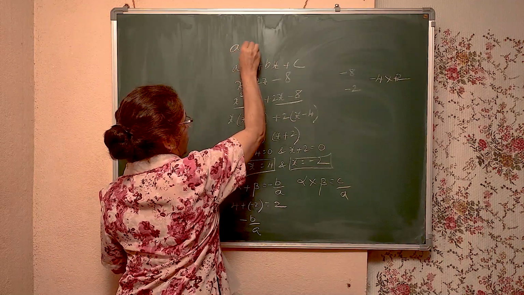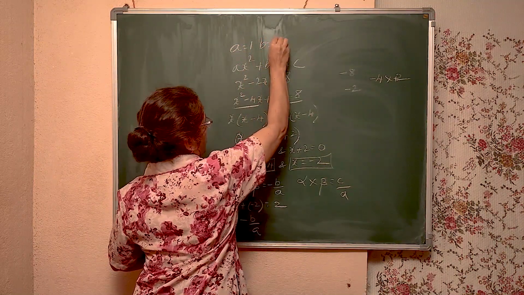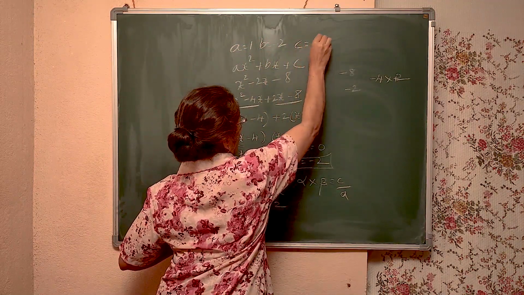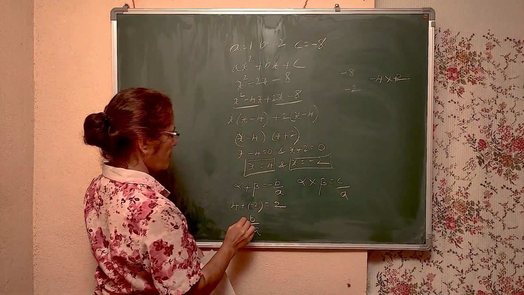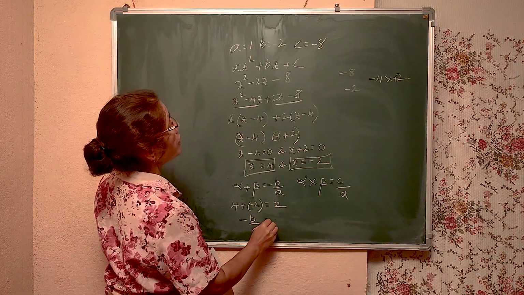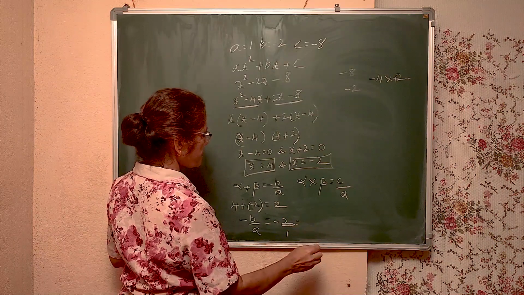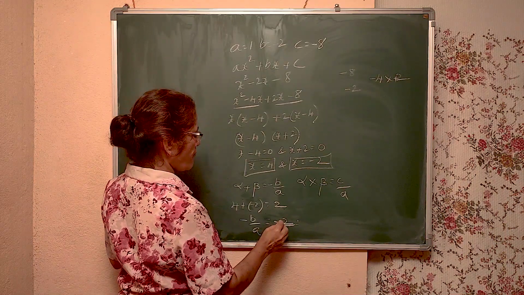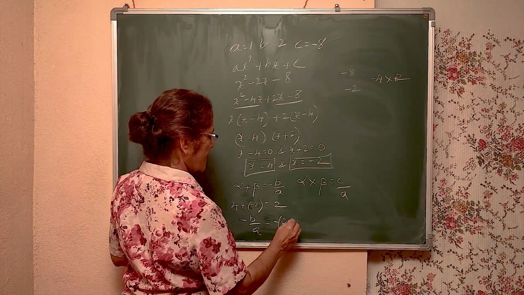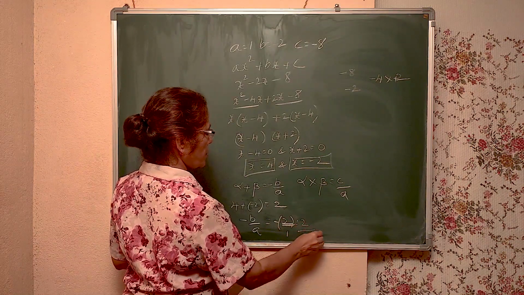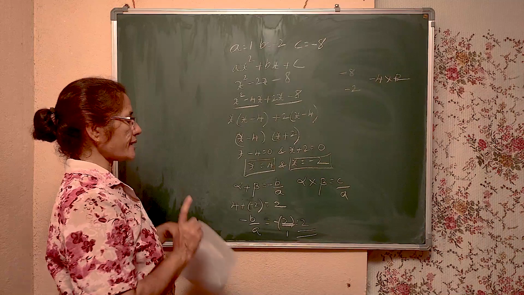Therefore, a is equal to 1, b is equal to minus 2, c is equal to minus 8. So, minus b by a is equal to minus of minus 2 by 1, is equal to 2. So, your answer is correct.